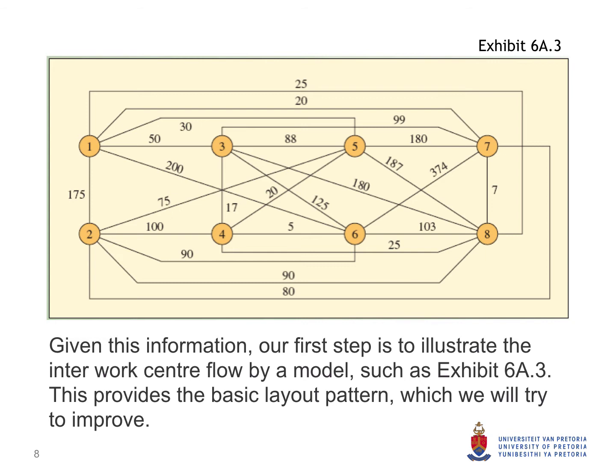We now illustrate inter-work center flow in Exhibit 6A3. Two slides back, we used the example of 125 trips between work centers 3 and 6, which is now shown here.